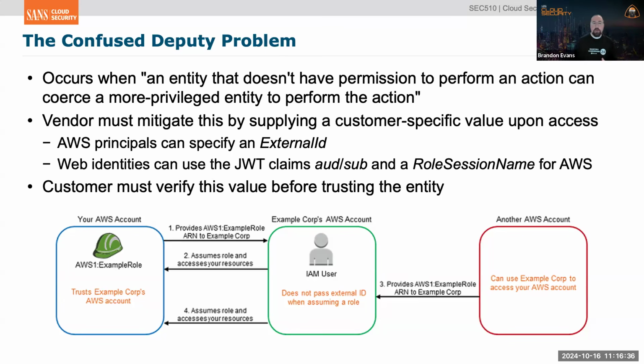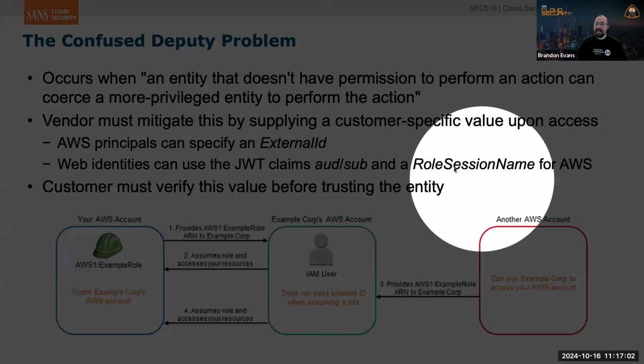But that attribute does not exist for external identities, identities that do not use assume role to get into your account, but instead use assume role with web identity, an external third-party identity provider. So for web identities, we can use the audience or subject claim in the JSON web token, or in the case that we're going to be exploring here, we can use the role session name.